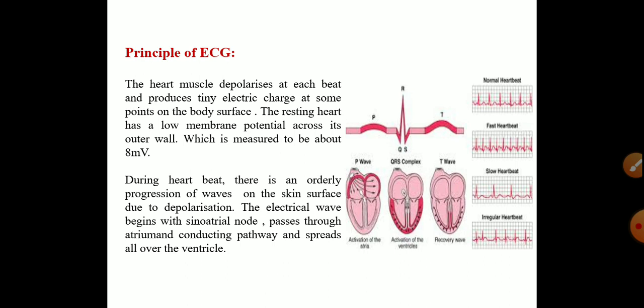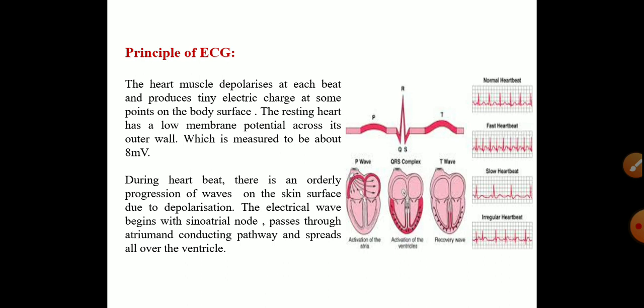So here what happens? The heart muscle depolarizes at each beat and produces tiny electrical charge at some points on the body surface. The resting heart has a low membrane potential across its outer wall, which is measured to be about 8 millivolt.